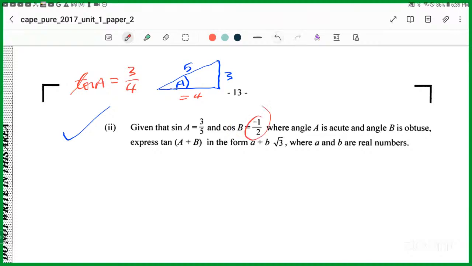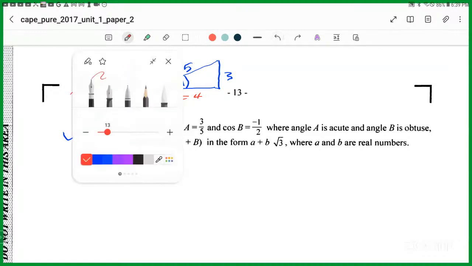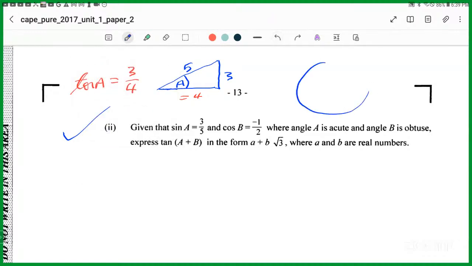Now, the B is obtuse. That's why the cos is negative, because obtuse means that we're in the second quadrant. To draw the quadrant diagram, your triangle now is in this second quadrant, where the x value is negative and the y value is positive. And in the second quadrant, tan is negative. So let me undo that. I'm going to draw the triangle as if I'm in the second quadrant, like this.